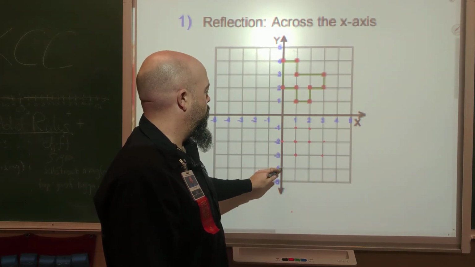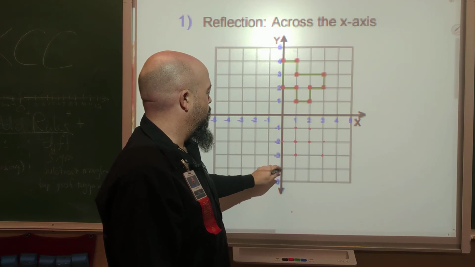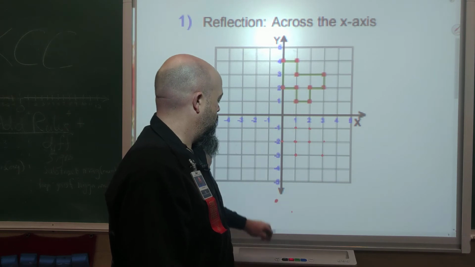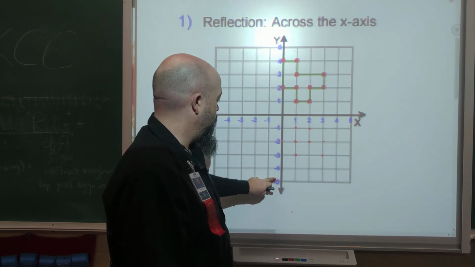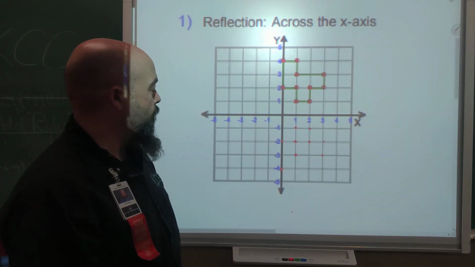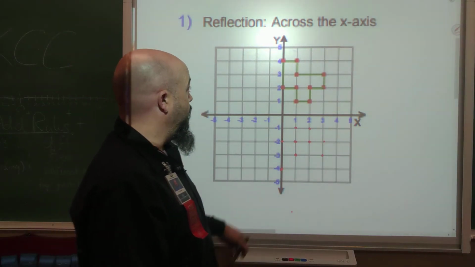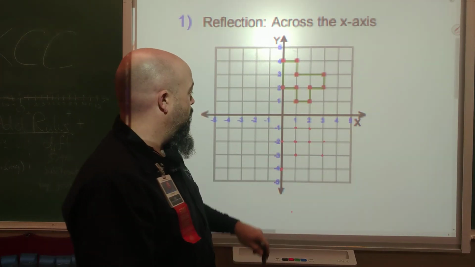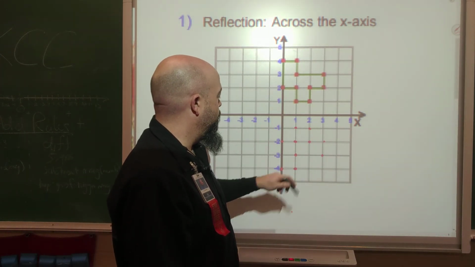Well, that should be, give me a point. We're going to be a little bit of a cheater here and move it that way. Okay. That becomes 0, negative 4. And then our last point, that is at 1, 4. That becomes 1, negative 4.